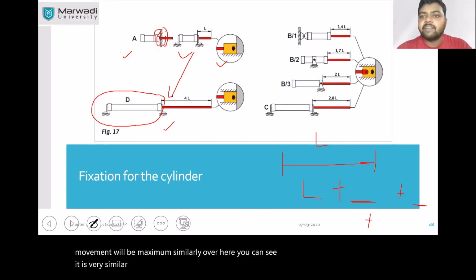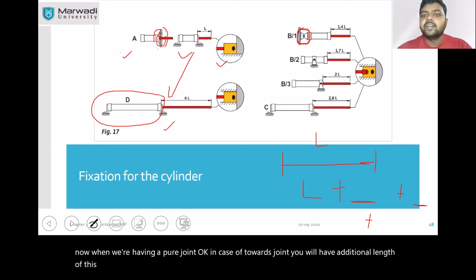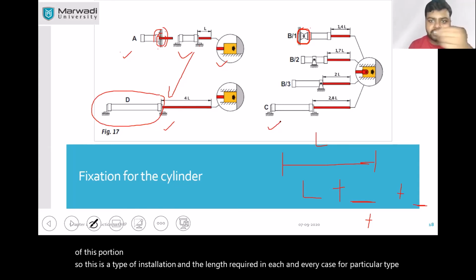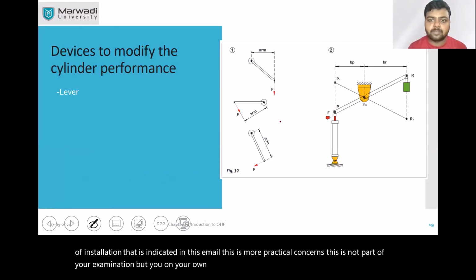Now when we are having a pivot joint, you will have an additional length of this portion. So this is the type of installation and the length required in each case, as indicated in this image. This is more of a practical concern. This is not part of your examination, but you on your own can evaluate all these possible options.